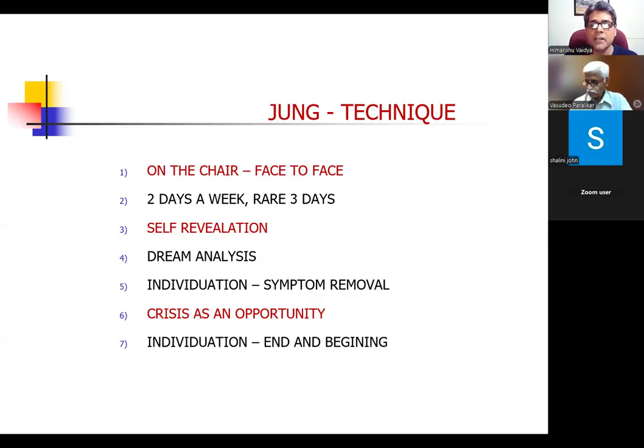Dream analysis takes far more time in the Jungian technique than in other techniques. I think the Jungian school is probably the one that gives most significance to dreams. So dream analysis finds highest significance in the Jungian technique.